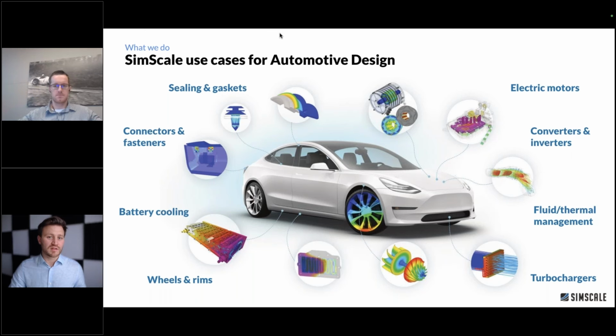It could be frequency and harmonic analysis on a structural side, even including rotor dynamics, or various CFD and electromagnetic use cases. Normally, these capabilities aren't available directly in the CAD embedded tools, but we provide templated workflows so that design engineers, with the guidance of simulation engineers and solution experts, can set up and run simulations effectively and efficiently.